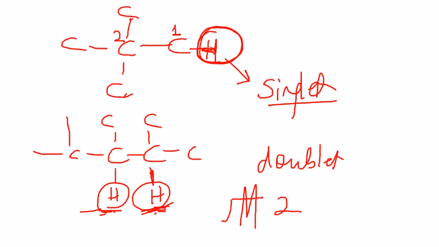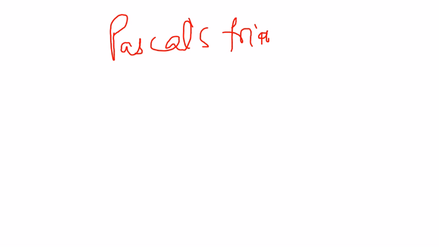Likewise, if you have three, that would be a triplet. If you have four, you have a quartet, and so on. You can predict these on the basis of what is called Pascal's triangle, where one peak can be split into two, so their intensities are going to be exactly the same.